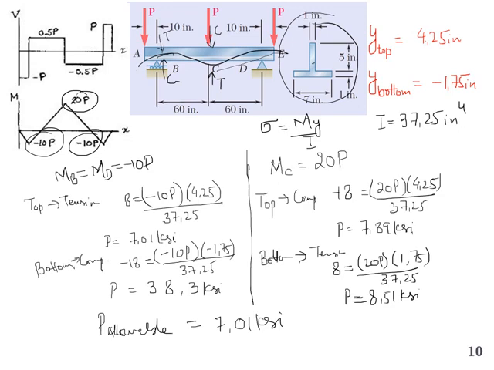So you have to be careful. If it's a symmetric cross section, then it will be the same at top and bottom. But since the cross section is not symmetric about any horizontal axis, the top and bottom stresses were different, and we have to consider both values in compression and tension for the points at B, D, and C. So the allowable load we can apply to this is 7.01 KSI.